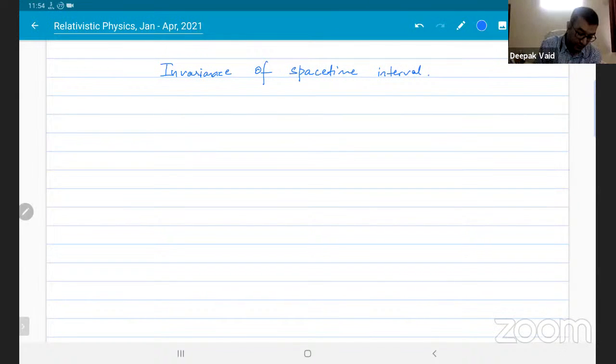So let's say you have two space-time points, x1 whose coordinates are x1 mu, and the other space-time point x2 mu, or maybe x mu and y mu. And then we perform this Lorentz transformation to a different frame of reference, and the coordinates of the points in the new frame become x mu prime and y mu prime.